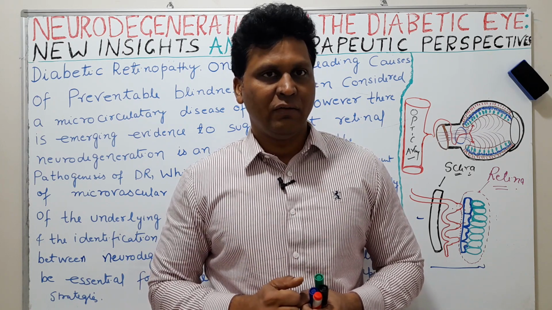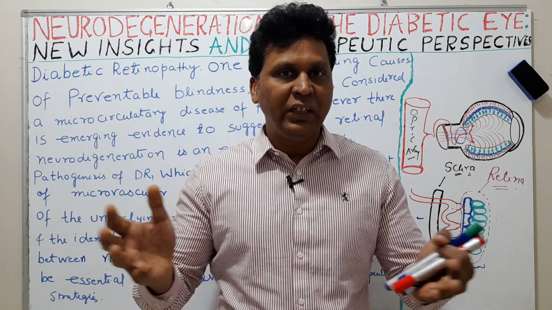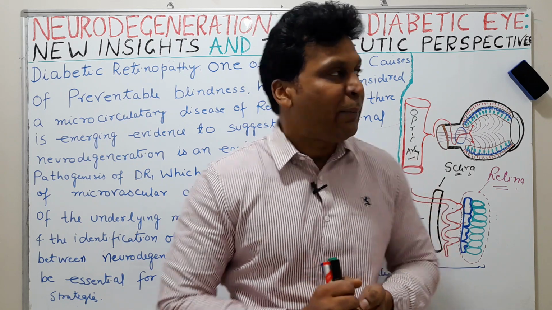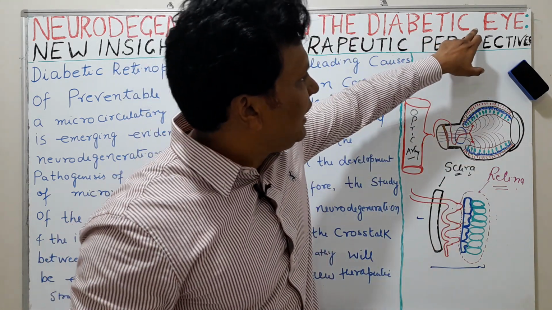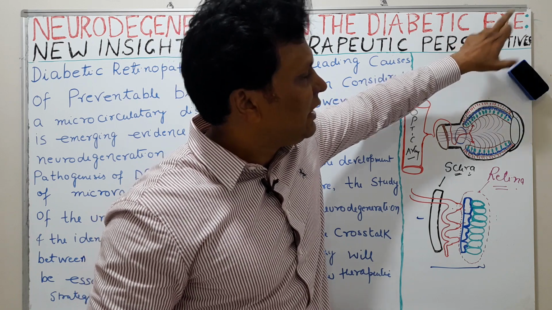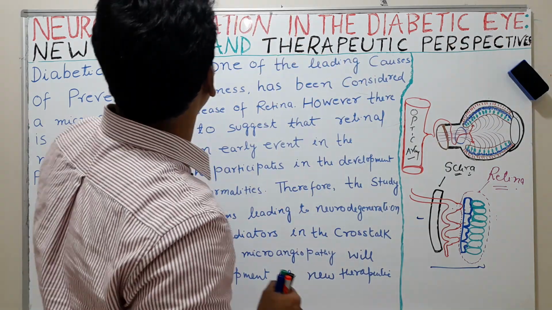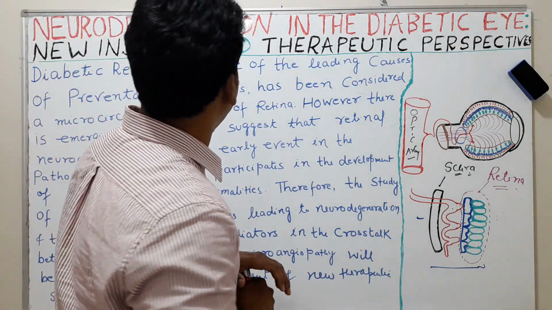There is an imbalance of glucose and insulin. So this is called diabetes. So in the diabetic eye, especially in the retina of the eye, there is neurodegeneration.